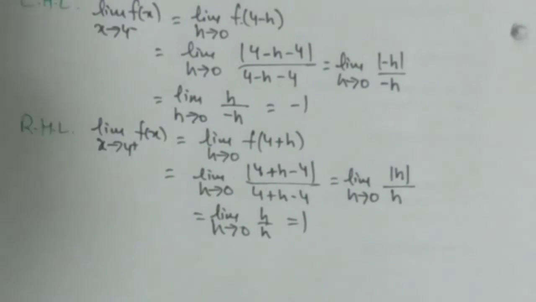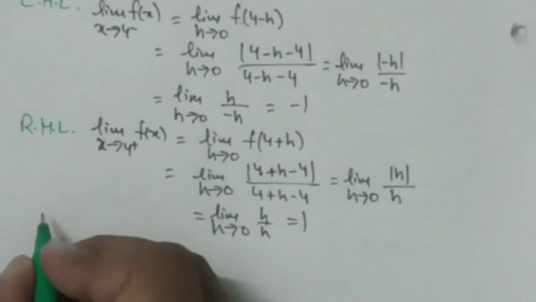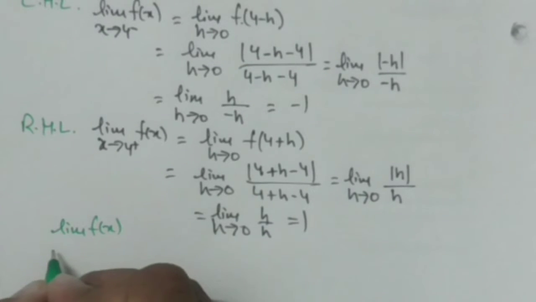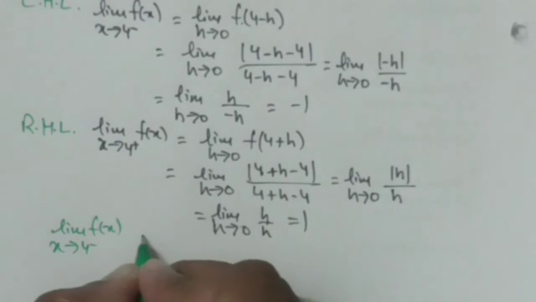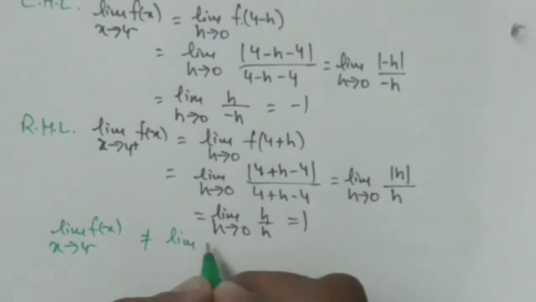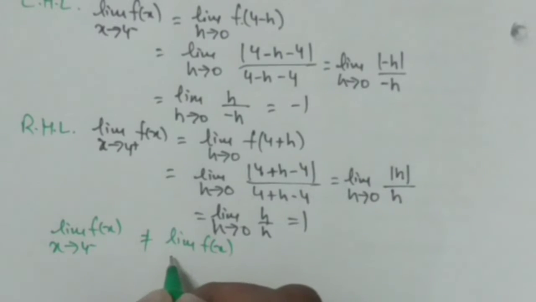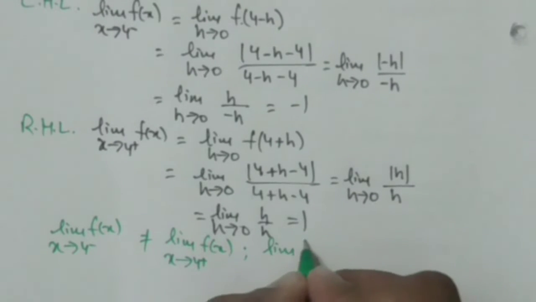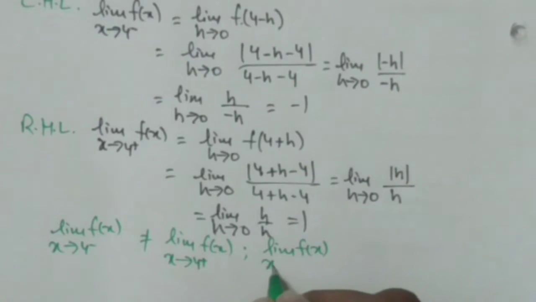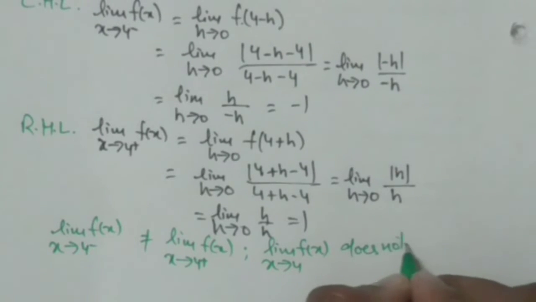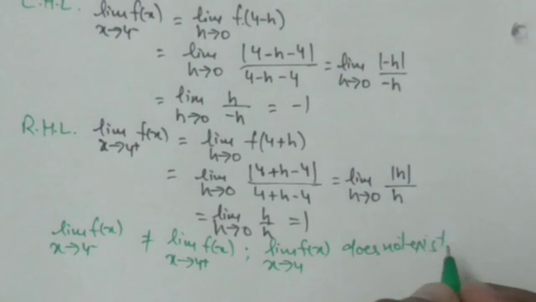So here you can see that the left hand limit of f(x) at x is equal to 4 is not equal to the right hand limit of f(x) at x is equal to 4. So it means the limit of f(x) as x tends to 4 does not exist, right?